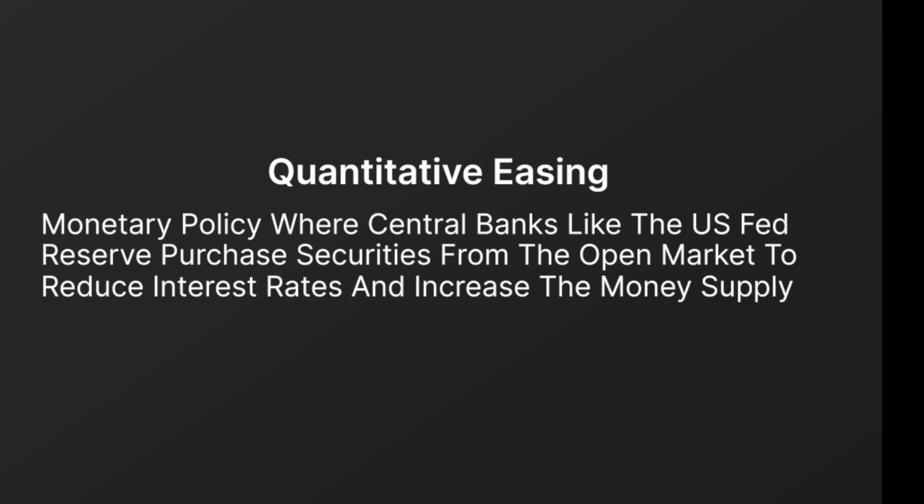Print money from a market that they created that has no restrictions, that has no limits, to do what? To reduce the rates and increase the money supply. Some of you that are in economics might understand that.